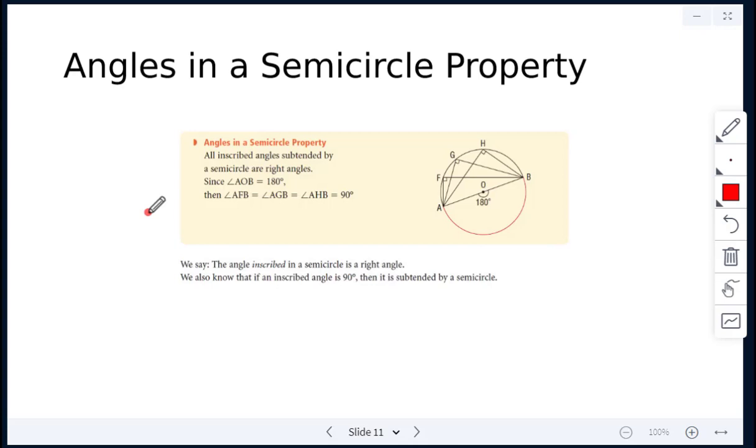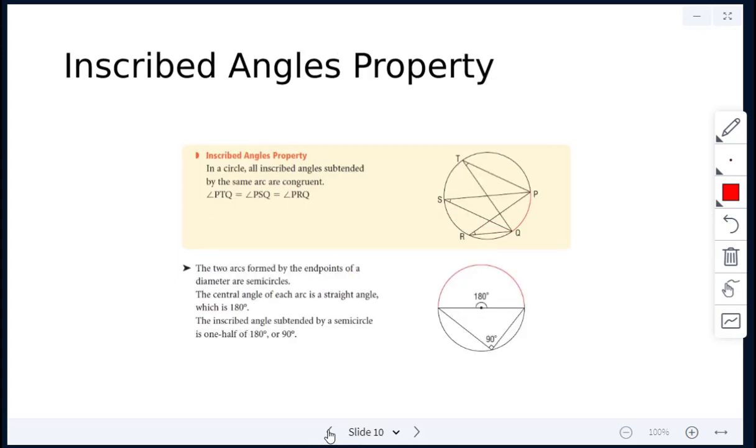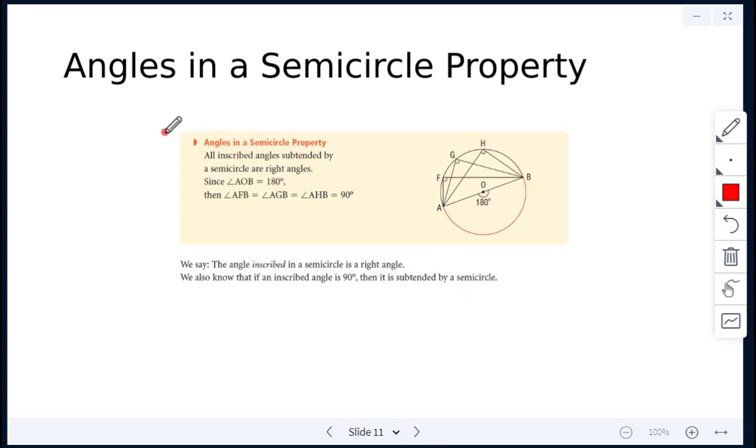This is just showing that same property, the angles in a semicircle property. Again, this is the diameter, so these inscribed angles will all be 90 degrees. The angle inscribed in a semicircle will be a right angle.